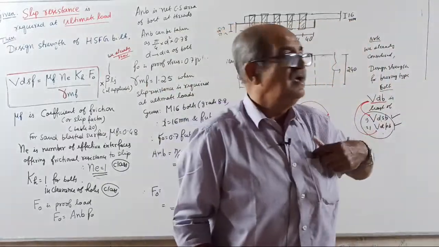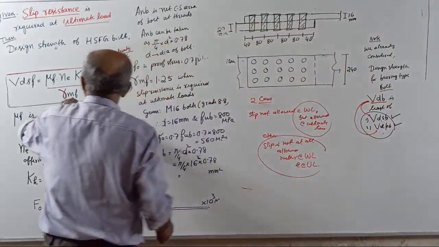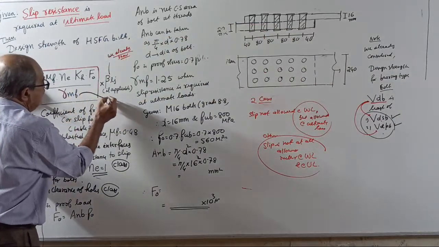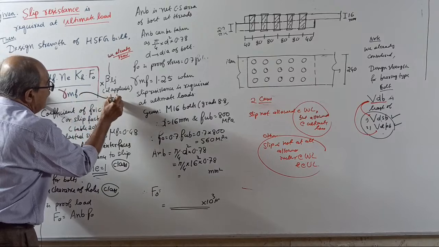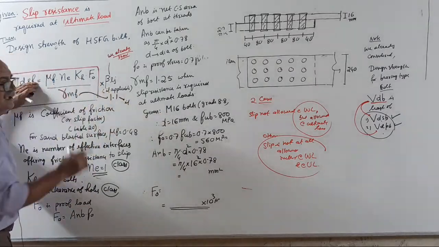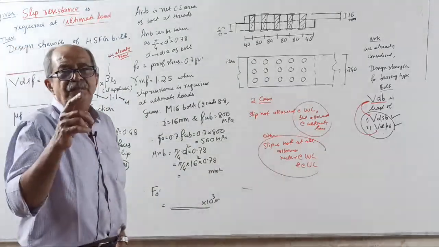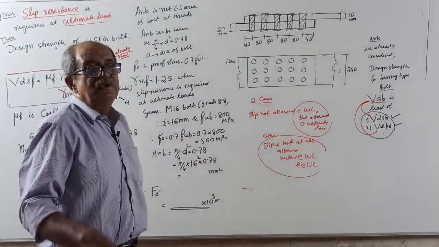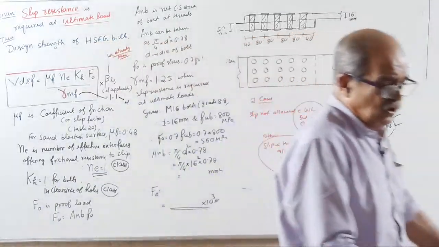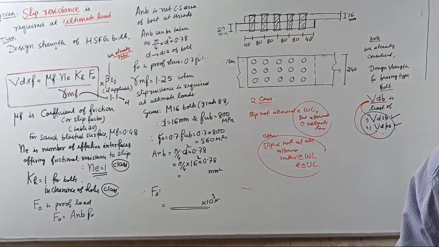Okay, now see. This gamma MF, be careful, it is 1.1 if what? You should write, if. The gamma MF, see the IS code.